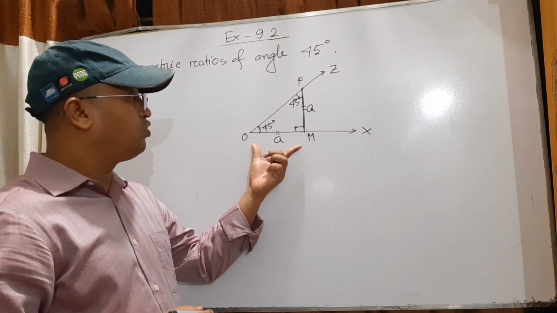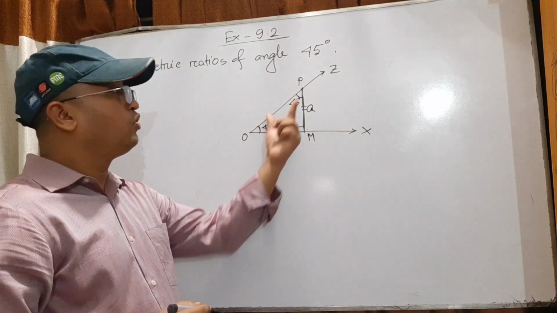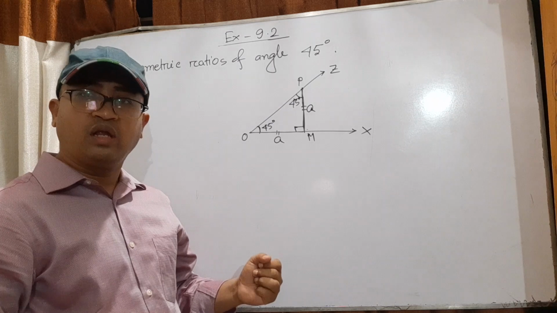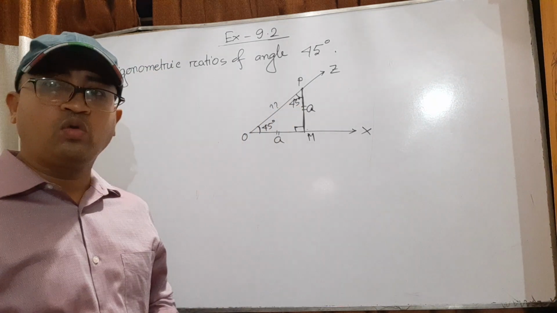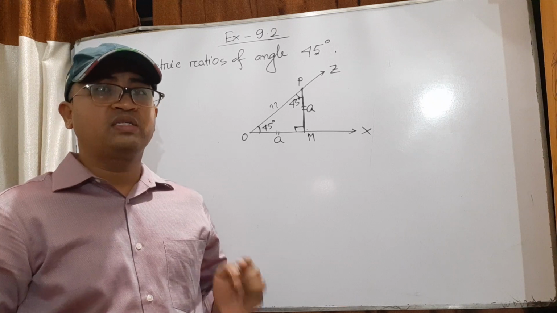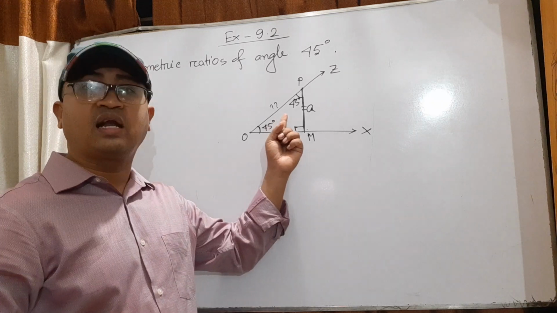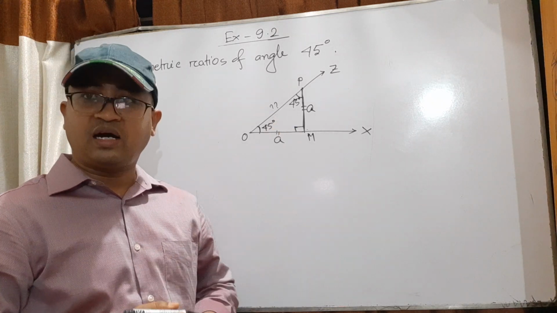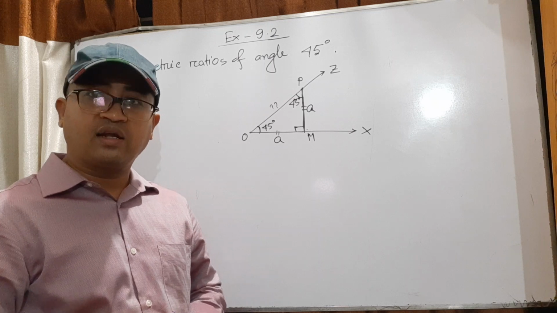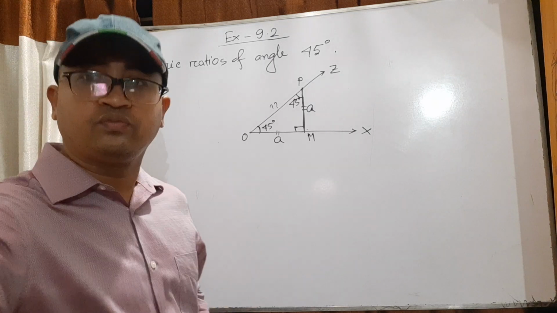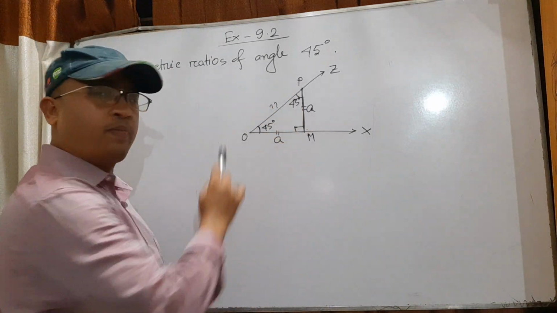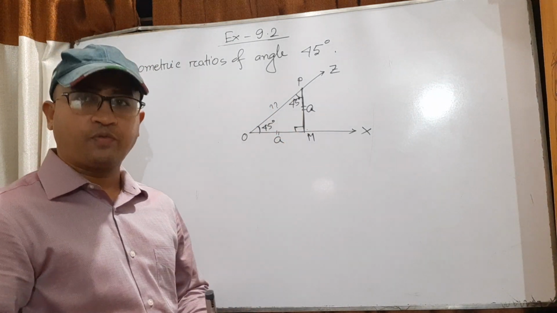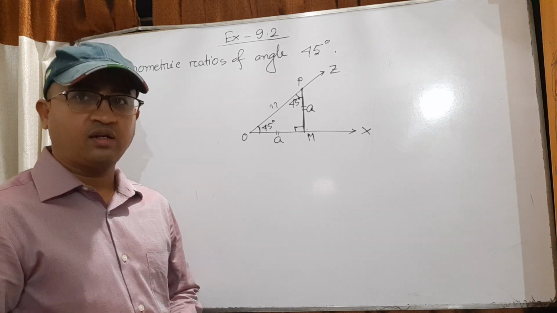Now you know OM is a, you also know PM is a. So what will OP be? Look, OP is the hypotenuse of this right angle triangle.